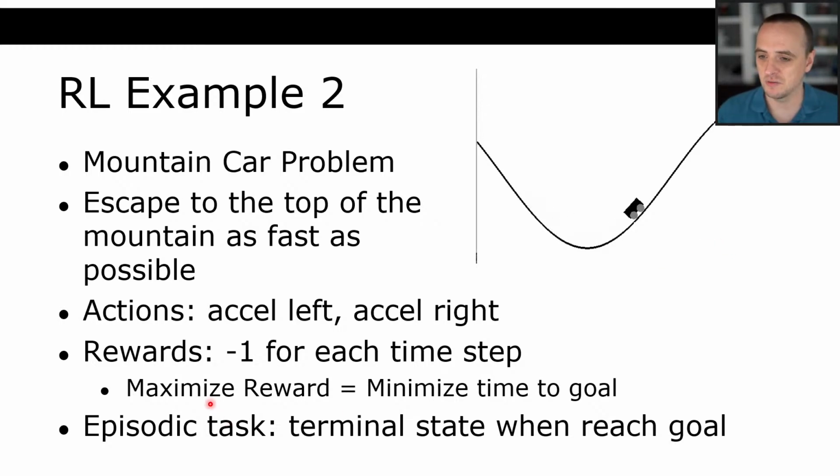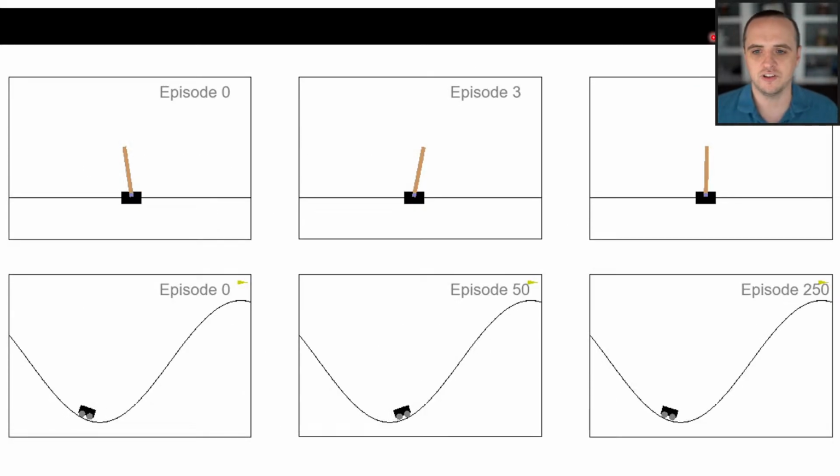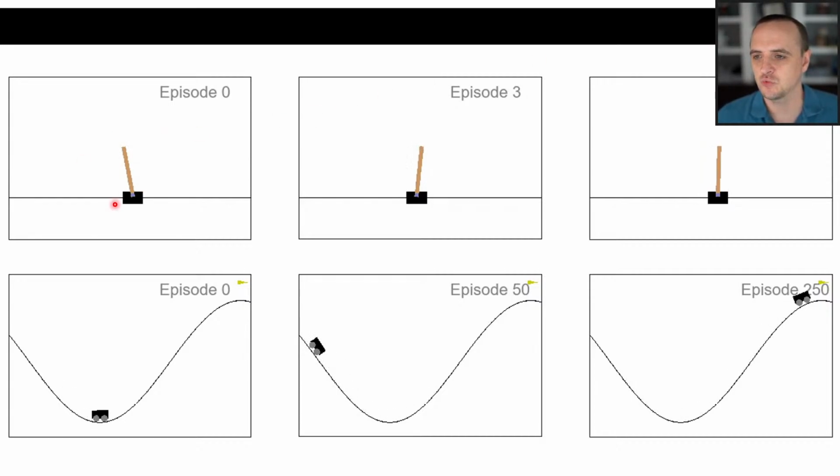If we maximize a negative number, then we are effectively minimizing that number, which is the time to reach the goal. And this, again, is an episodic task where you would stop and start again once you reach the goal. So what we see over time is, okay, this is in slow motion for some reason, but as we go through more and more training episodes, we get better and better and better at the problem.